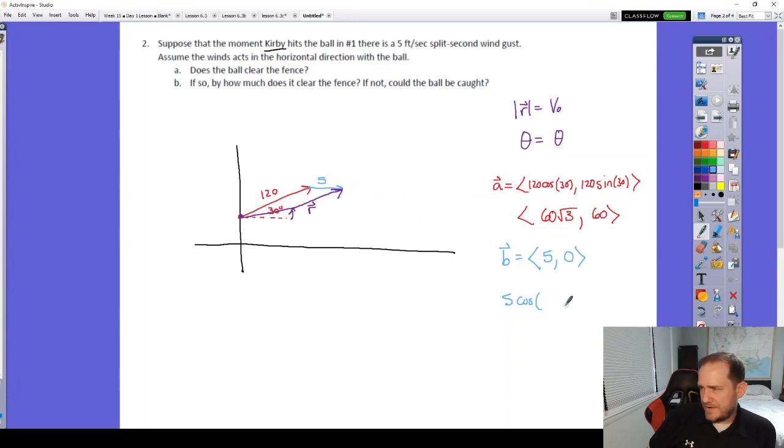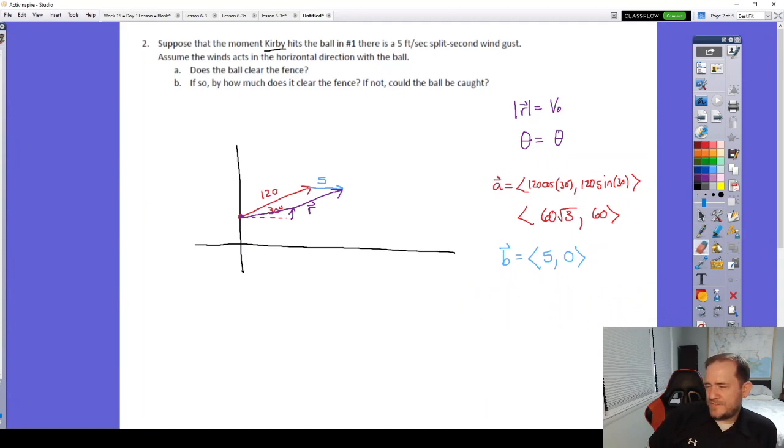It's going straight east. So cosine of 0 is 1, and 5 times 1 is 5. If you did 5 times the sine of 0, well, the sine of 0 is 0, so you would get 0. You would get these values if you used this formula, but common sense would indicate that if the vector goes 5 units to the right and that's it, then its component form is 5, 0.